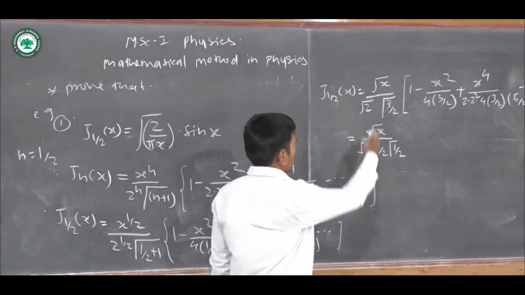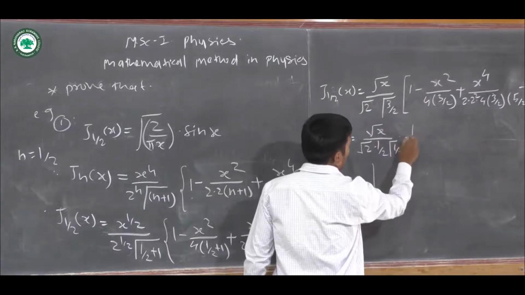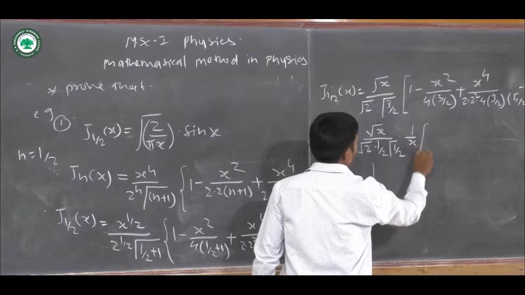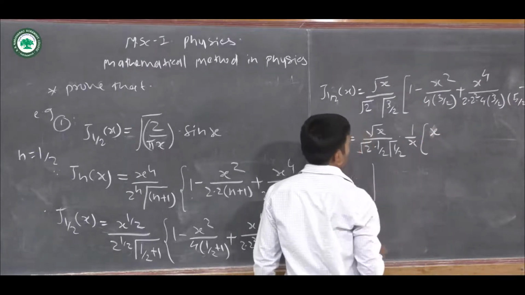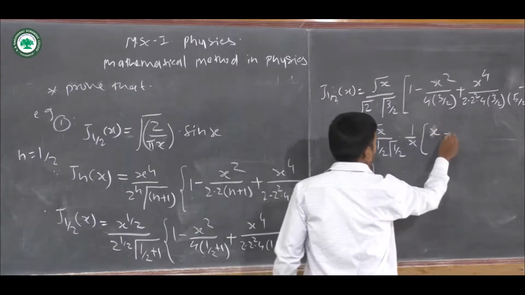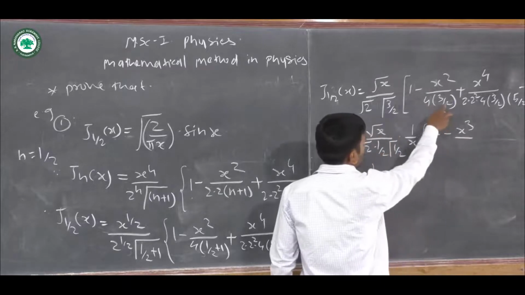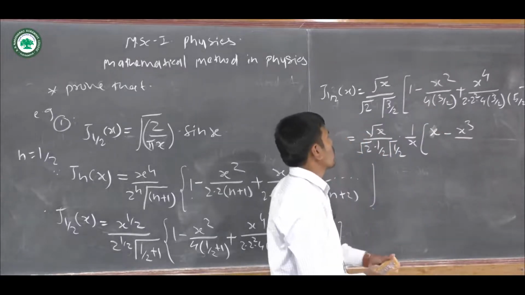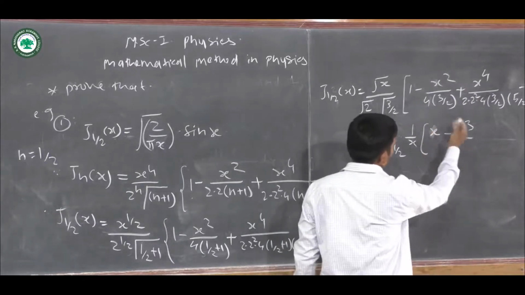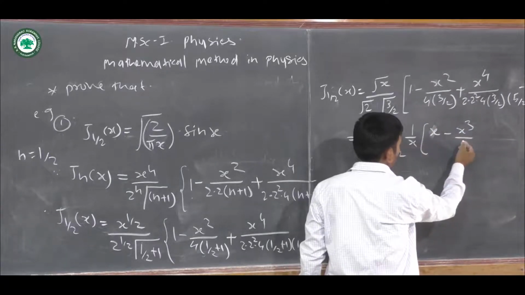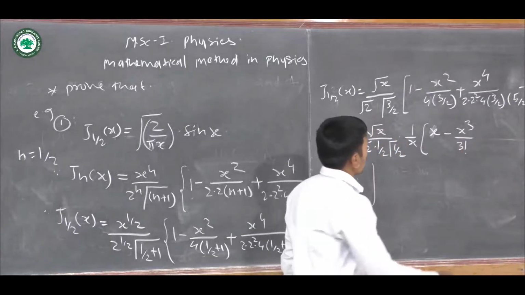And if I take out 1 by x outside the bracket, here x minus x cube divided by, if I simplify, 2 into 3, so it is 6, and this 6 is 3 factorial.